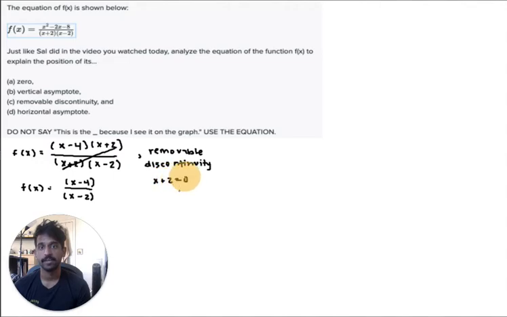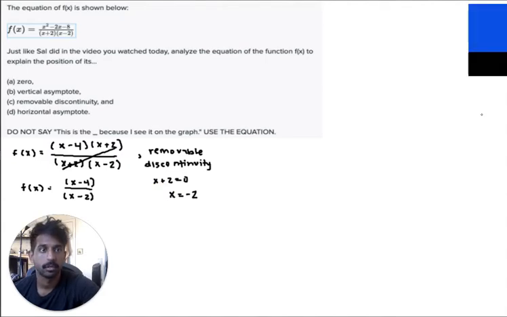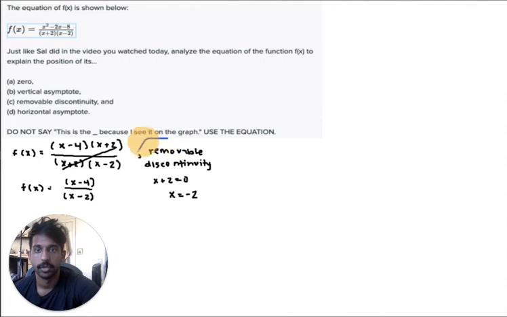But if we subtract 2 on both sides, we get x equals negative 2. Is that removable discontinuity? Let me do this in a different color. So here, we can just circle this. So that's one of the things we were supposed to find, the removable discontinuity.